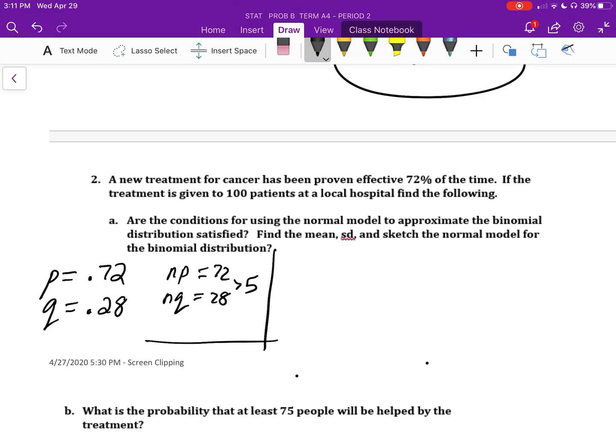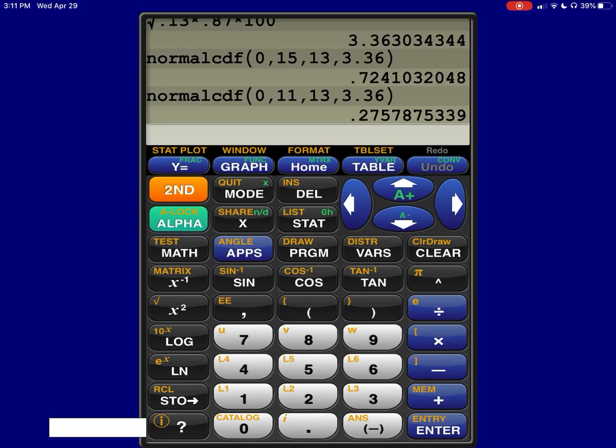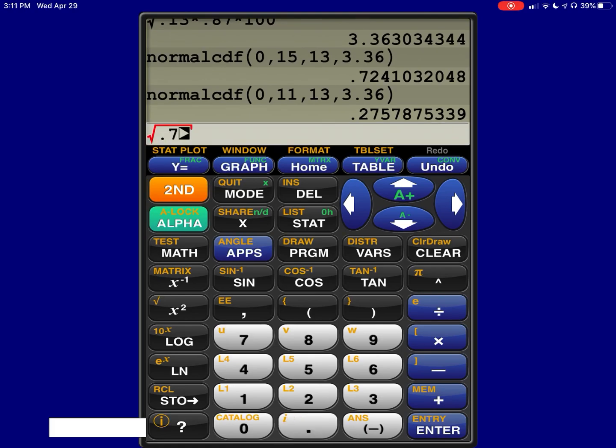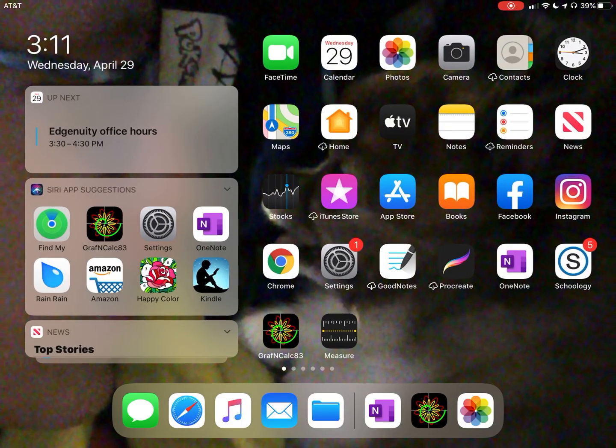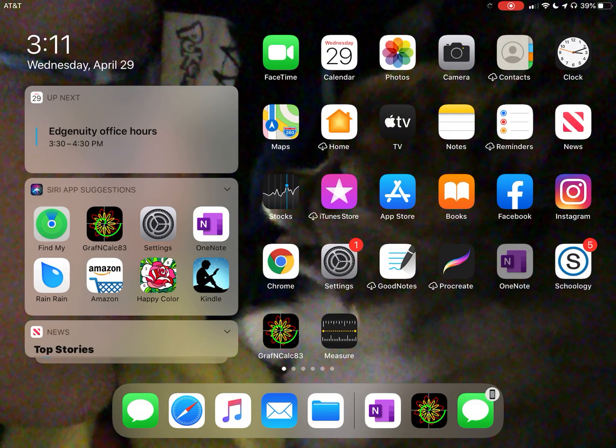So our mean in this case is going to be 72, and our standard deviation is going to be the square root of 0.72 times 0.28 times 100. And we get 4.49, we'll just say 4.5.